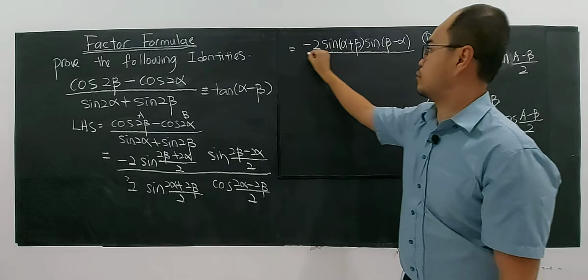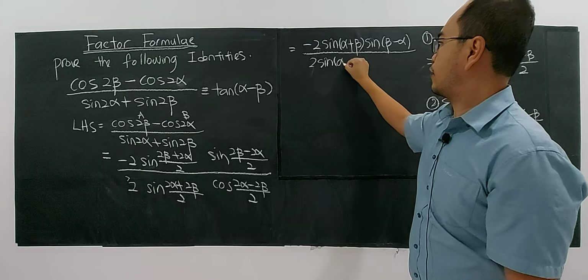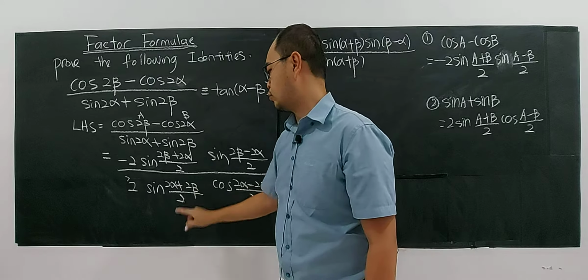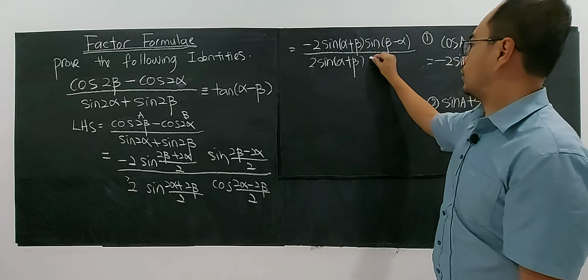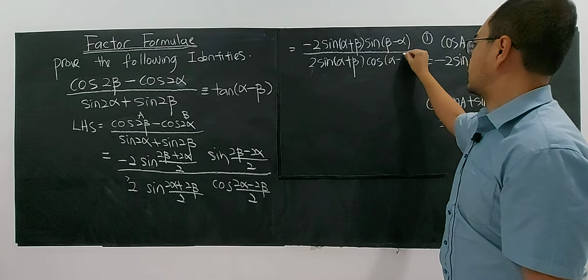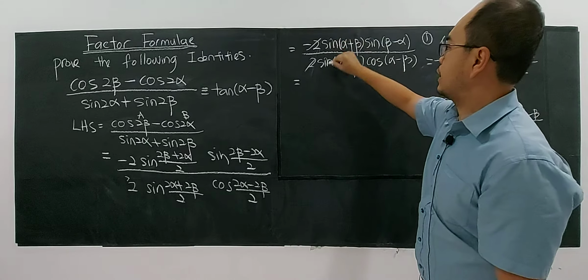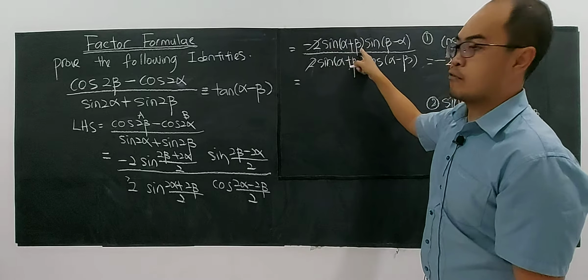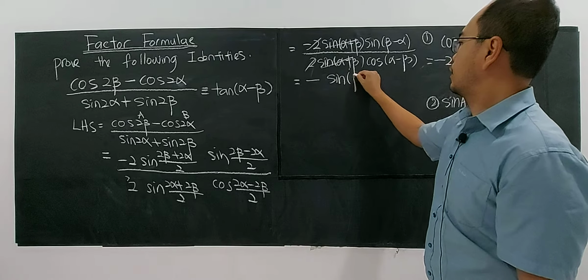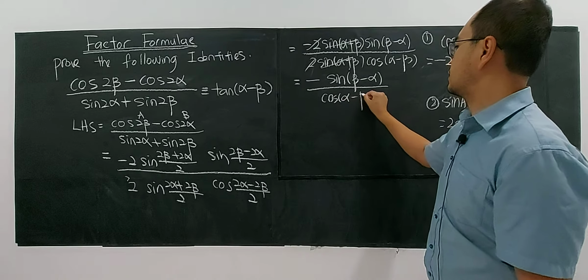For the denominator, you have 2 sin alpha plus beta, because 2 alpha over 2 gives alpha and 2 beta over 2 gives beta. And cos, you have alpha minus beta. Then you do some cancelling: the 2 goes, and sin alpha plus beta cancels out. You remain with negative sin beta minus alpha over cos alpha minus beta.